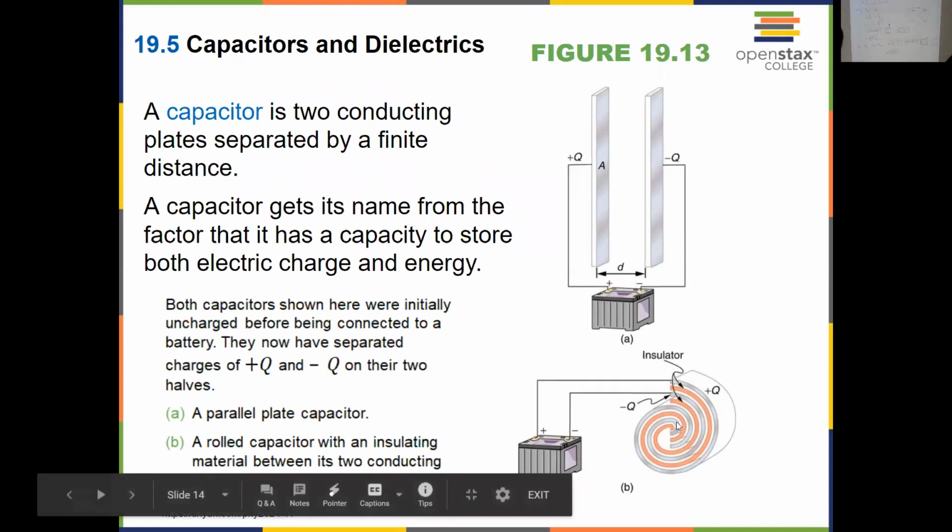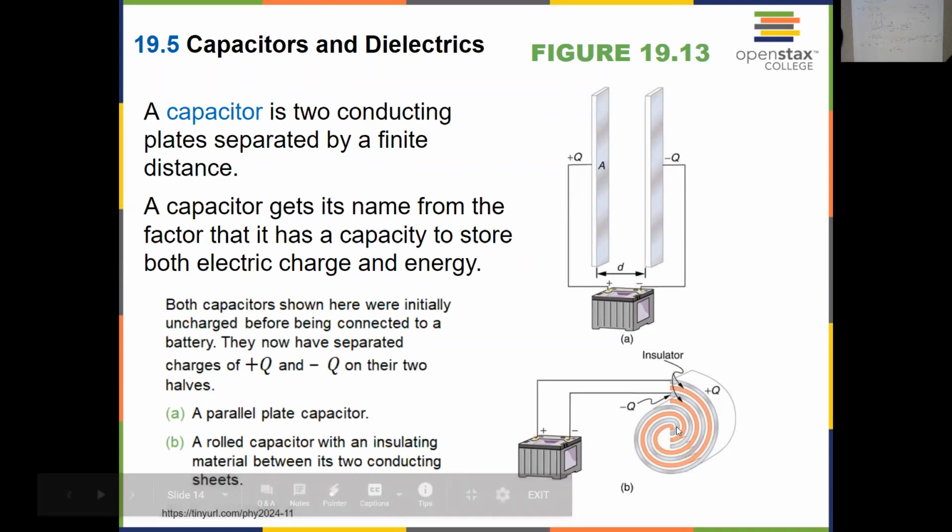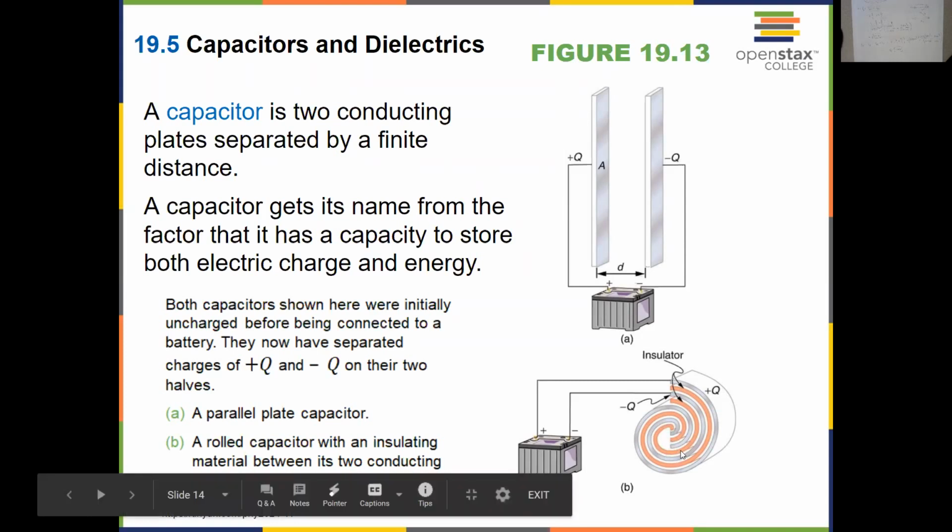Or you can have, and this is a cross-sectional side view, two metal sheets in this gray color, and in between you put this orange insulator so they are not touching each other directly, and then you roll it up into a cylinder form. So this is also a capacitor.